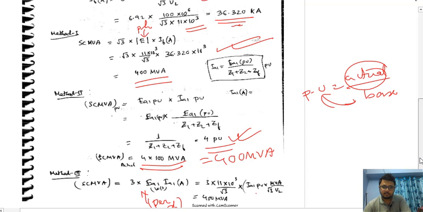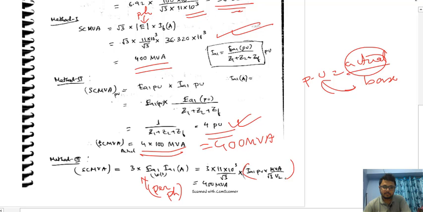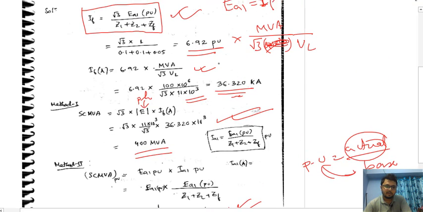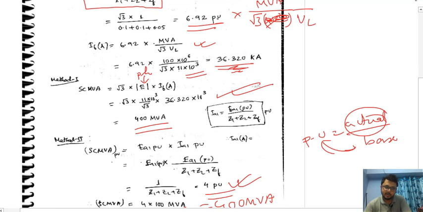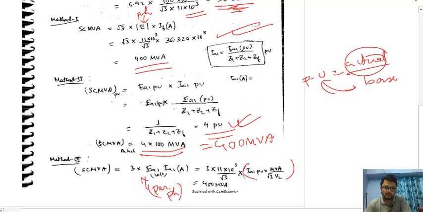We put this value. This value in per unit is this, and the actual value is 36.320. So instead of writing this, I have written 6.92 times the base. Finally we got this 400 MVA.